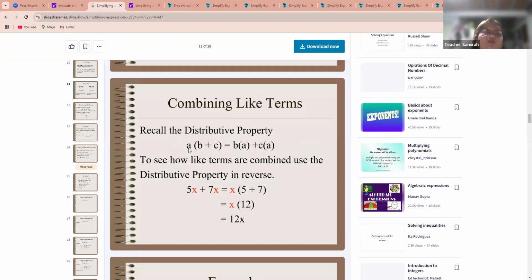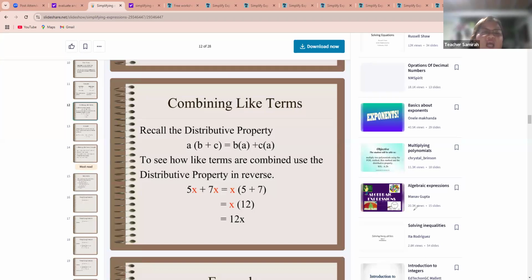A should be multiplied to those inside the parentheses, which will become A times B, copy the sign, and then A times C. It is just like this one. The first one is that one, and the second one would be that one. That is how we distribute the property of multiplication.